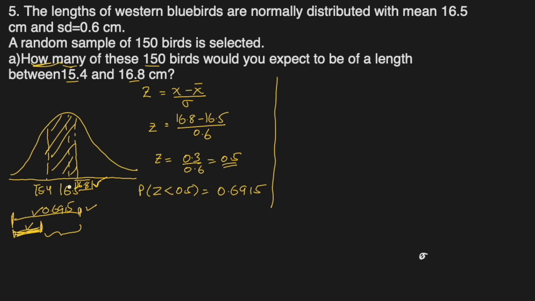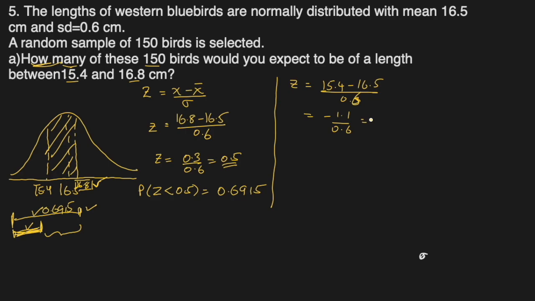Now I have to find the probability less than 15.4. However, we can see that 15.4 is less than the mean. That means the Z score here will be negative. So we have to keep in mind that it will be negative. So Z for this will be 15.4, which is X, minus the mean 16.5, divided by 0.6. That will be negative 1.1 over 0.6.